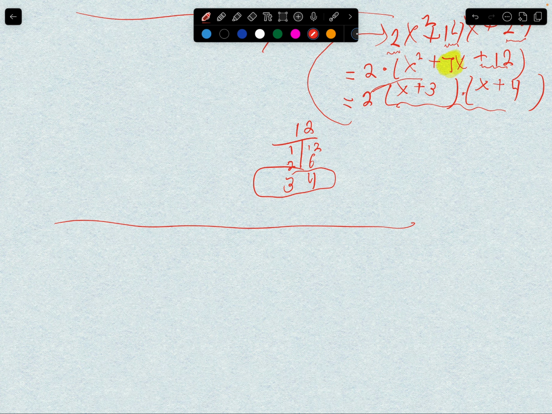The other thing we did was some completing the square. What if I had something like this? Half of that's 16. If I had that and I said, hey, can you put this in vertex form?